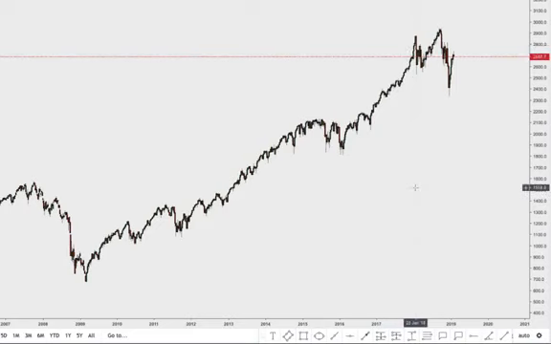Price action is pretty much saying to me that this market might be having doubts, second thoughts, simply stating that we might probably want to start heading to the downside. But as long as this market continues to make higher highs and higher lows, then we're good to the upside.